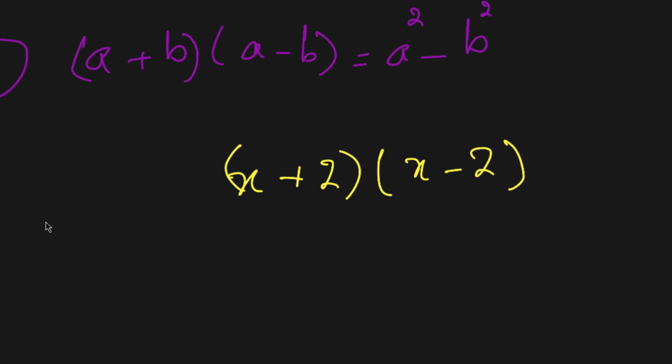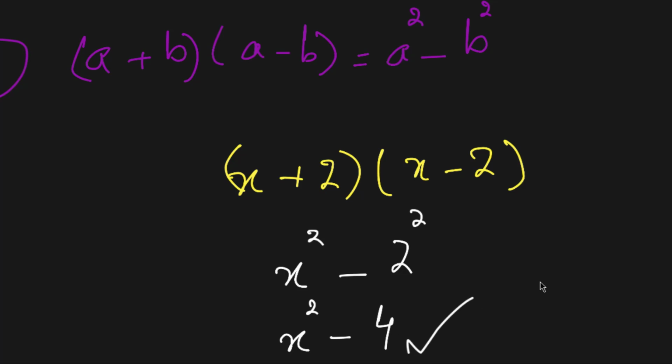And to do that is very simple, which is the two terms in both the brackets are the same, so the difference is just the sign. So you just take the first term, which is x, square it, minus, write the second term, square it. There you go. This is our answer. But we could just simply write the square of 2. So x squared minus 4. And now this is our final answer. And that's how we do it.